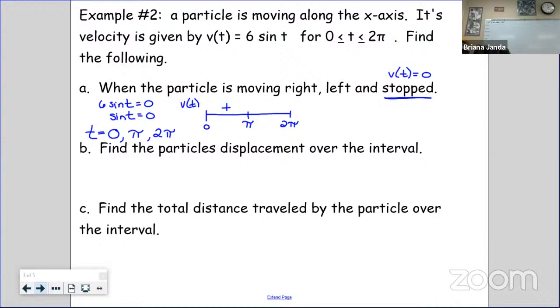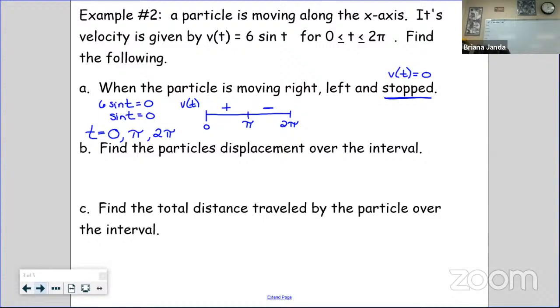Pick something between pi and 2 pi, which would be like 7 pi over 6. If I were to do the sine of 7 pi over 6, we'd be talking something negative. It's representing quadrants 3 and 4 from pi to 2 pi, and sine is negative in quadrants 3 and 4.